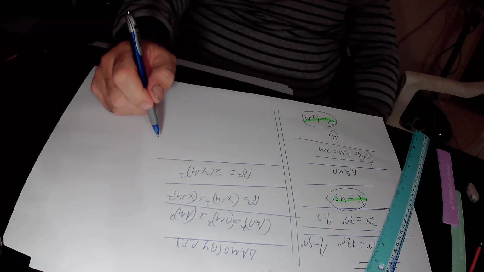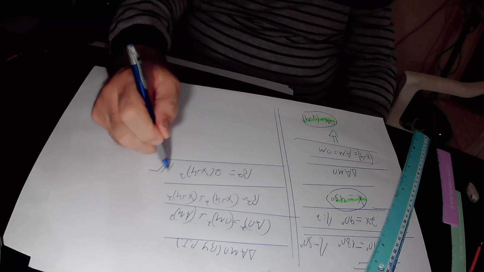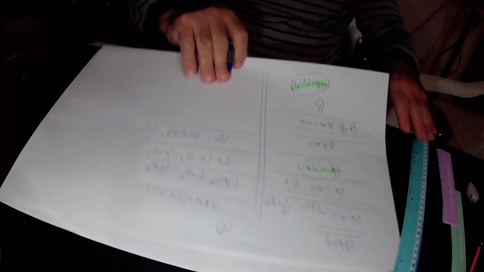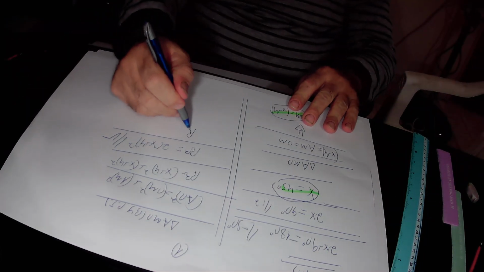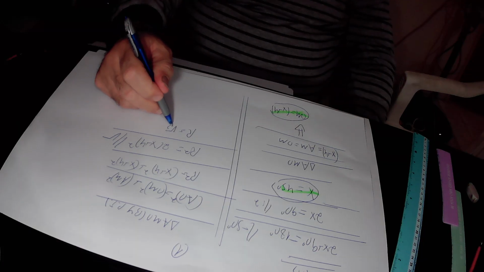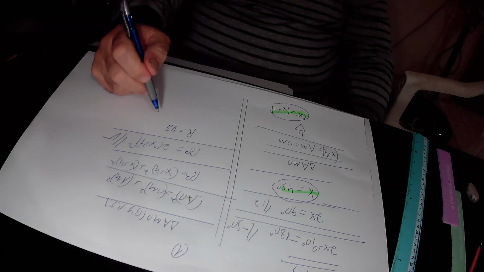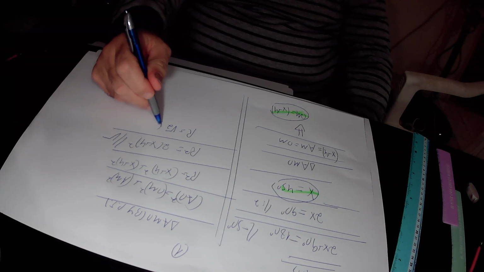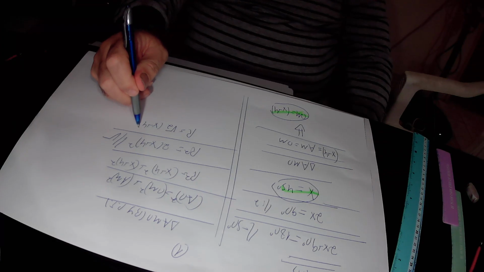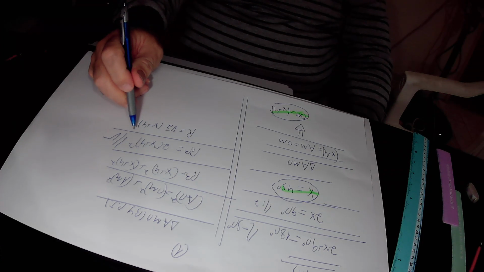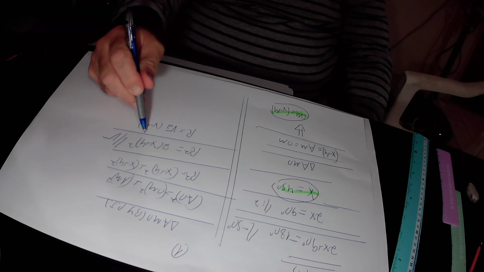Here we take the root of this equation, and so you get that the radius R of this quarter circle is equal to square root of 2 times square root of x plus 4 squared. The square root of x plus 4 squared equals x plus 4 because the root cancels the square and we are left only with x plus 4.